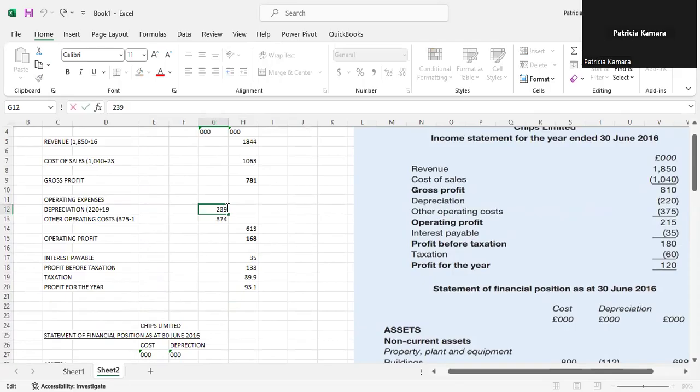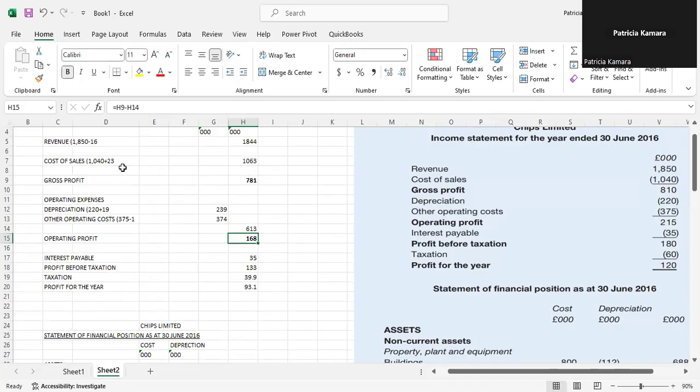Let's recalculate our depreciation again. That gives us 220 plus 19, 239. So this here plus this, giving us this.